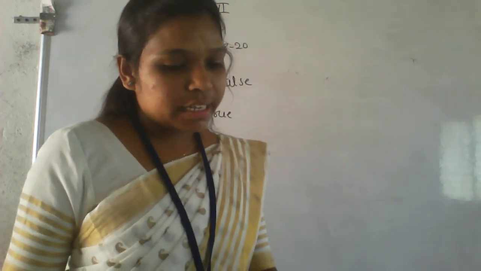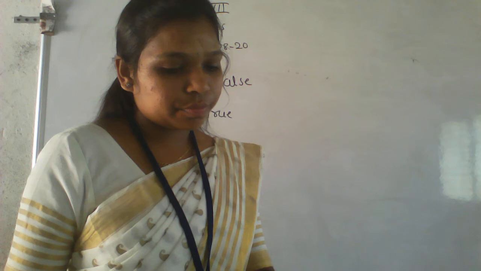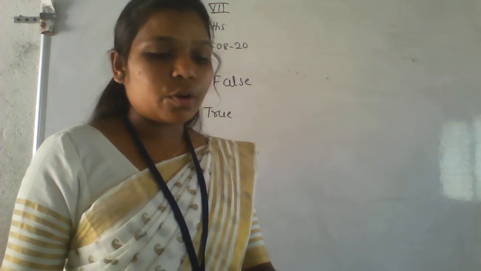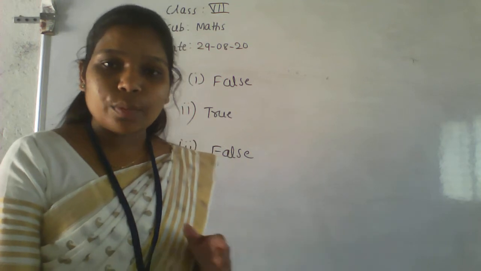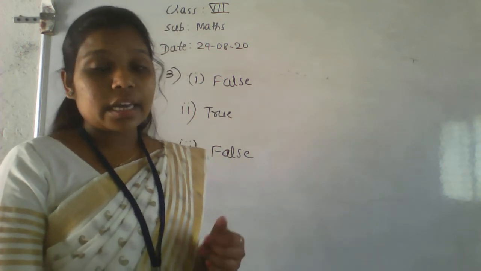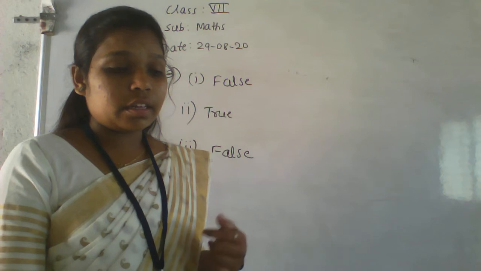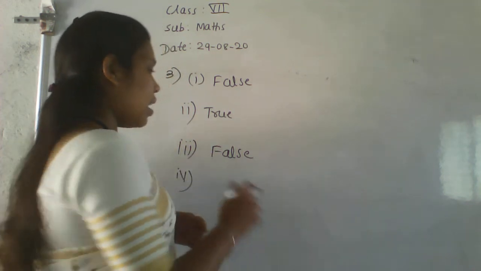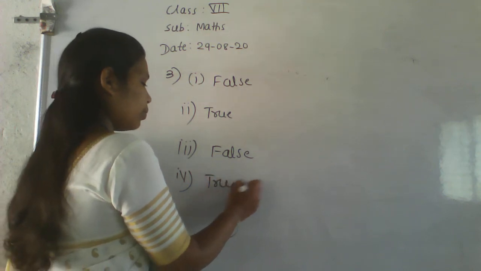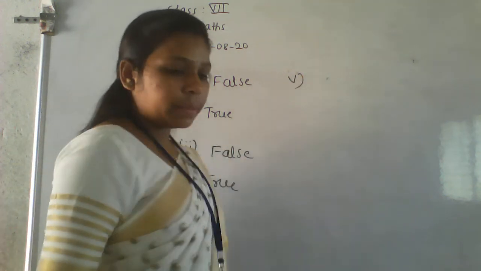Okay. So next one they given here, 0 by 25 is equal to 0. 0 by 25 is nothing but 0. Any 0 by anything is 0 only. So the answer will be true here. Next, fifth one.